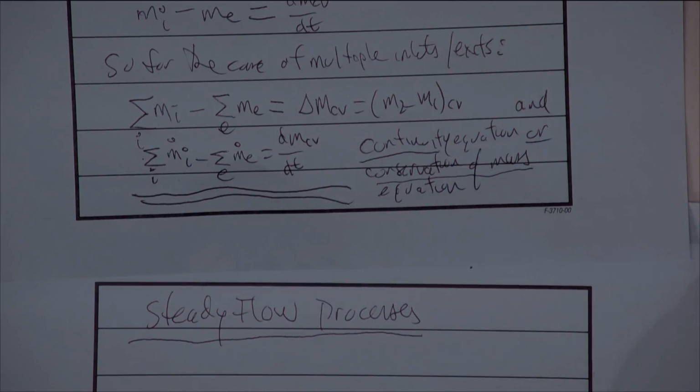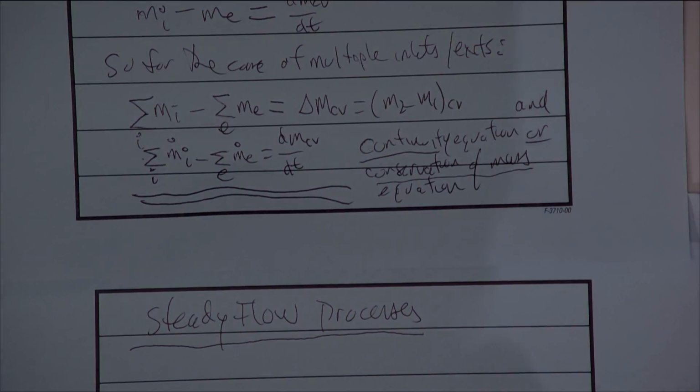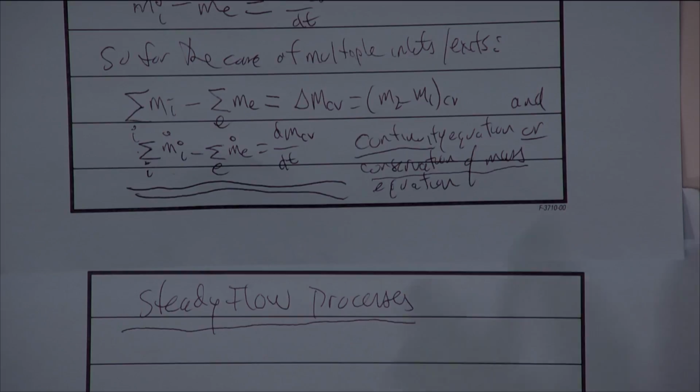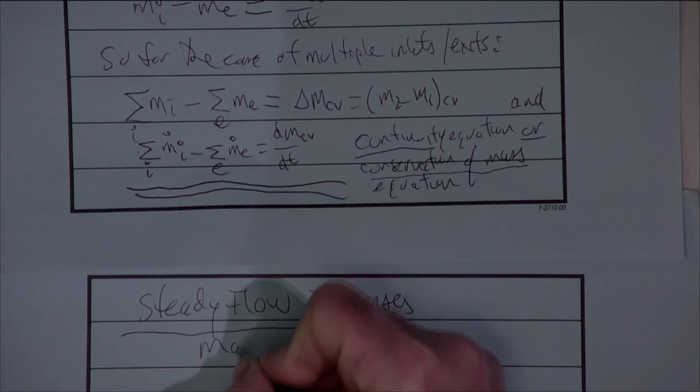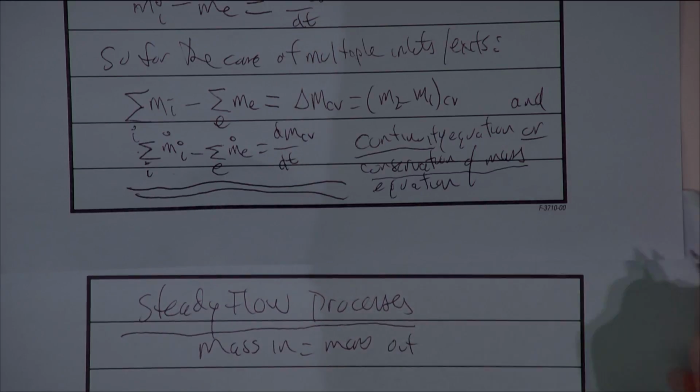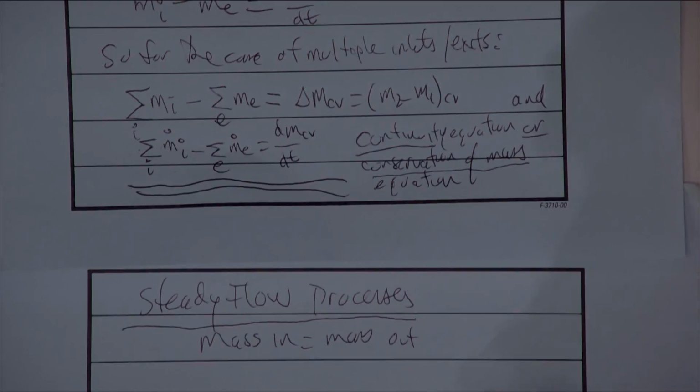There are a lot of problems out there in the real world that involve steady flow processes. In fact, the vast majority of the problems we're going to solve are steady flow processes. Now, what does it mean when it's a steady flow process? It's actually really simple. What it really tells me is that the mass in equals the mass out. That's all it means when we talk about a steady flow process.